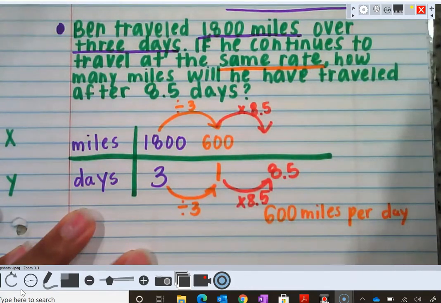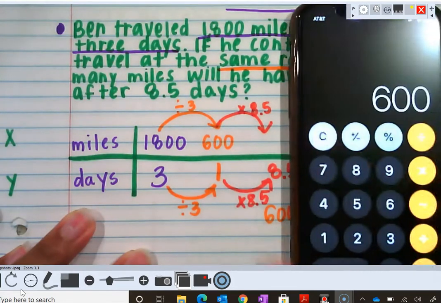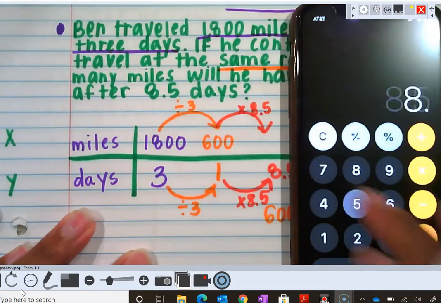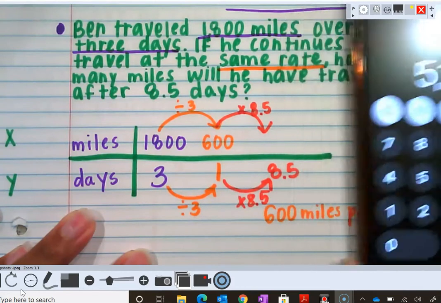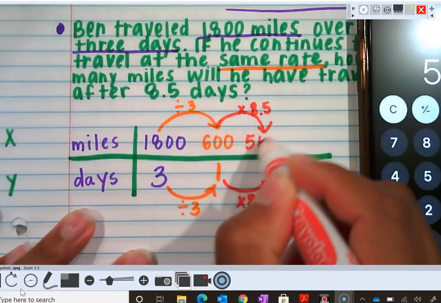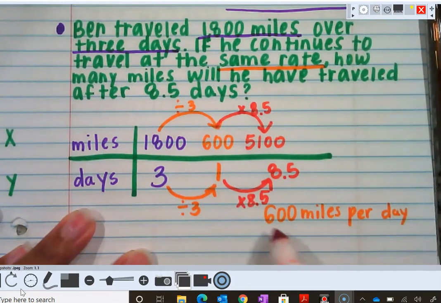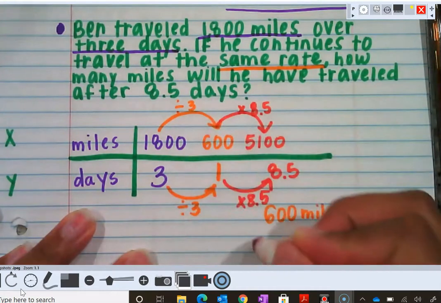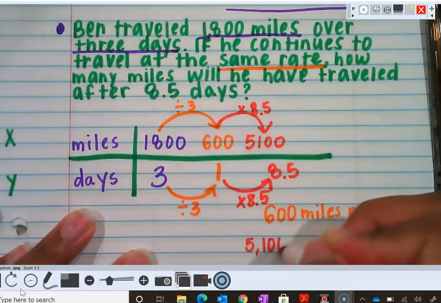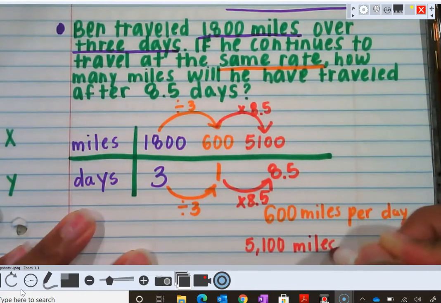Let me get the calculator again. 600 times 8.5, and I get 5,100. So our answer is he drives 600 miles per day, but he's going to travel 5,100 miles in 8.5 days.